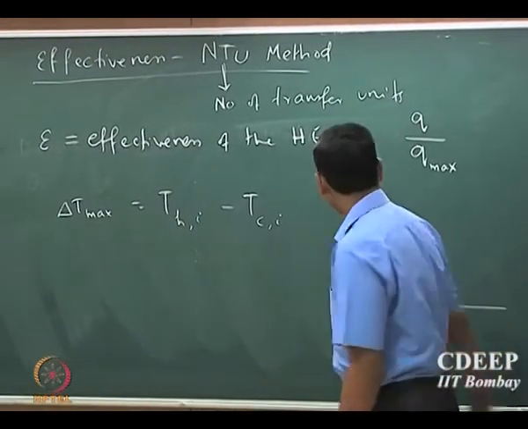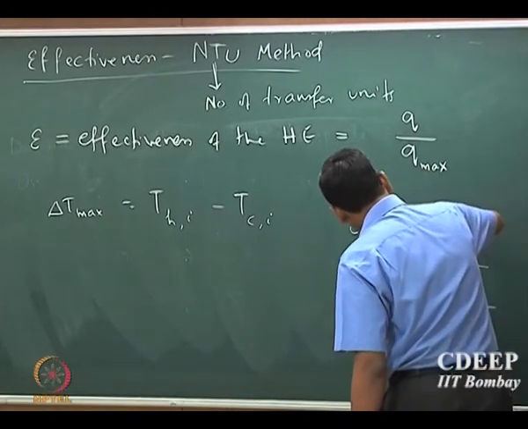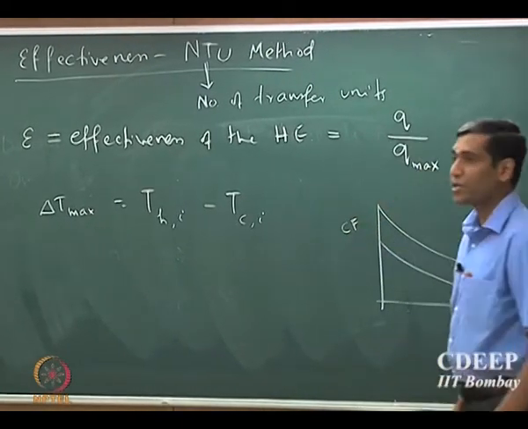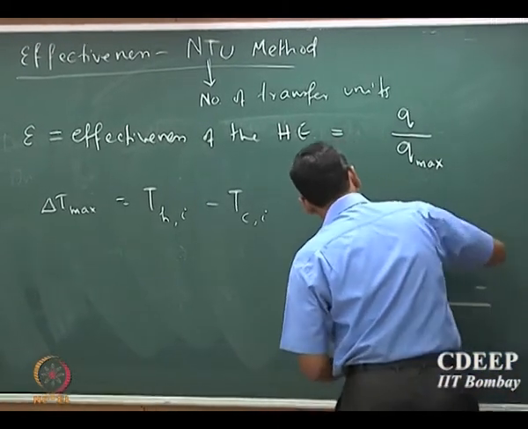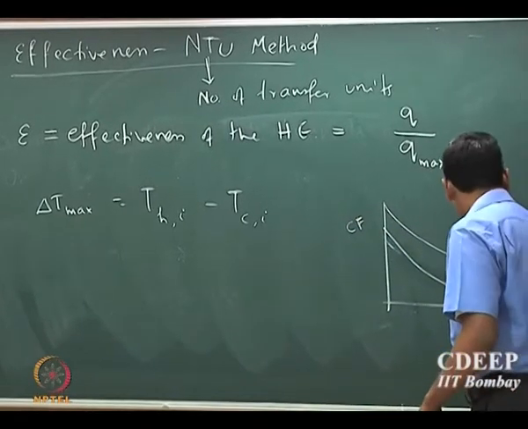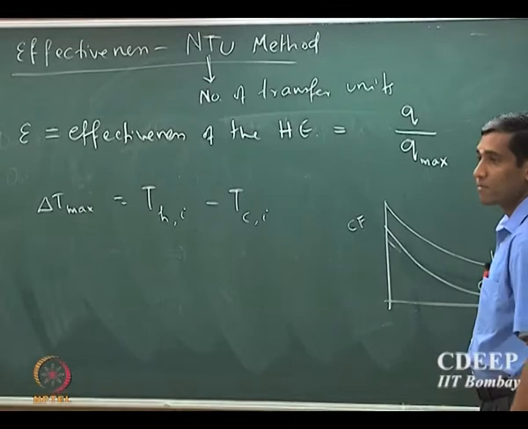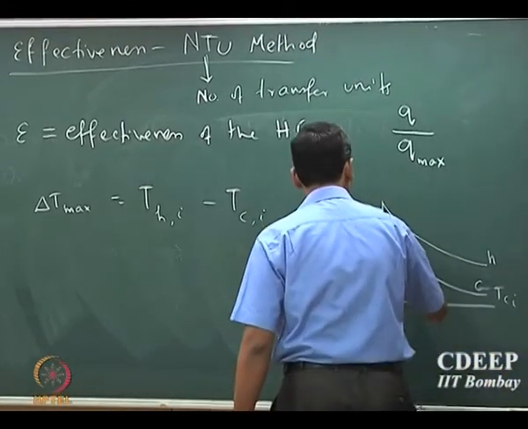Suppose I take a counter flow. This is the temperature profile that you would get. It's not parallel. Let's say this is the hot stream and this is the cold stream, with TCI and TCO.